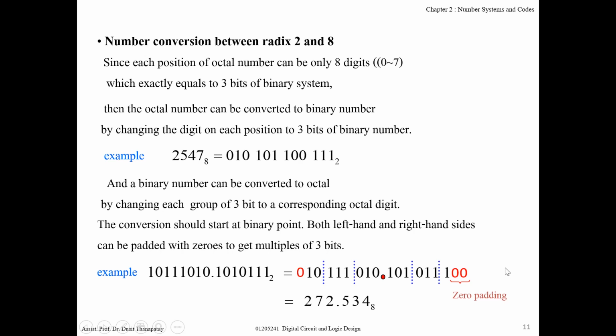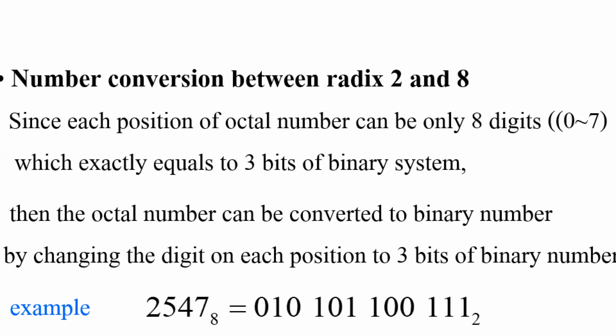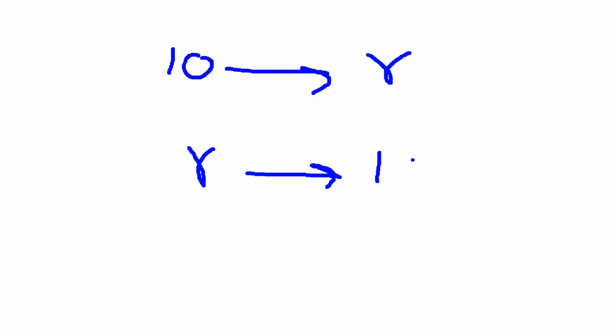Okay, and how about if I want to convert radix 2 to radix 8? Of course, now you know how to convert decimal to radix r, and you know how to convert radix r to radix 10.